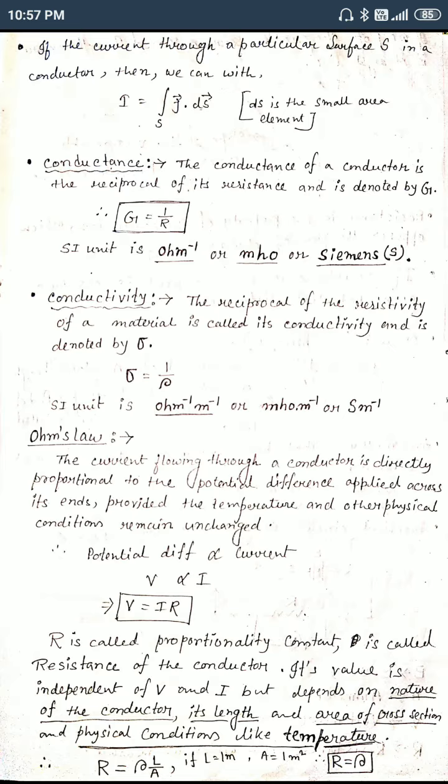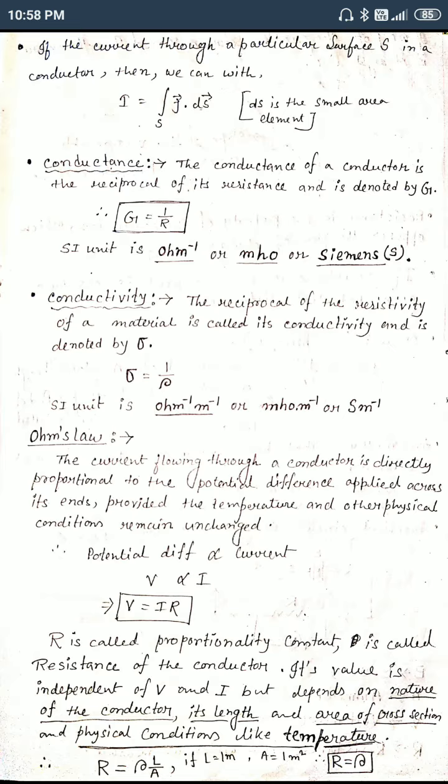Clear? Okay. Now some terms related to current density and current. We studied conductivity, resistivity and Ohm's law in class 10. So what do you mean by conductance? Conductance is the reciprocal of resistance.